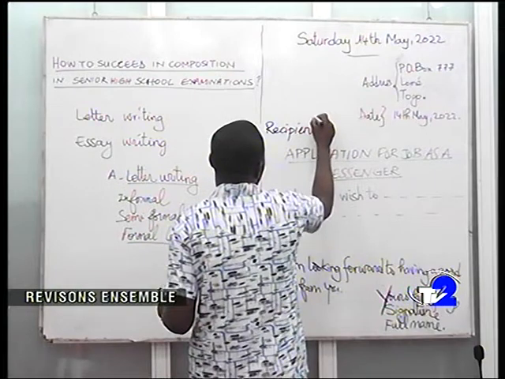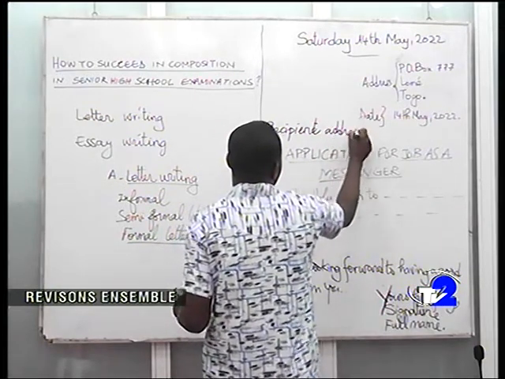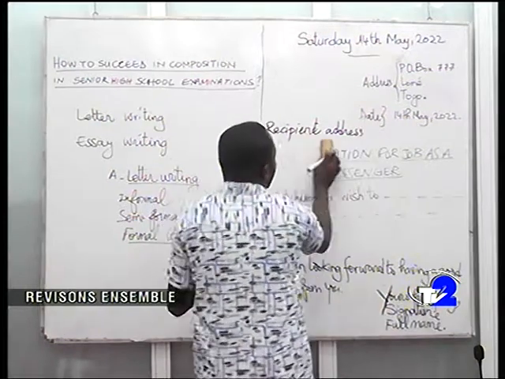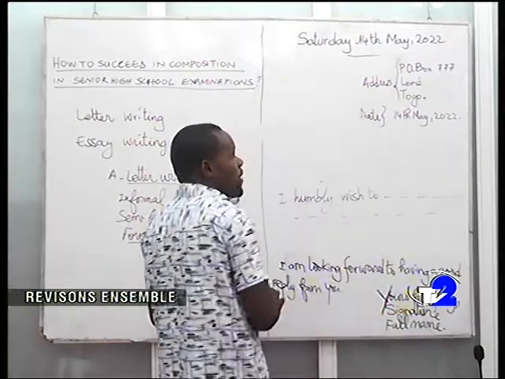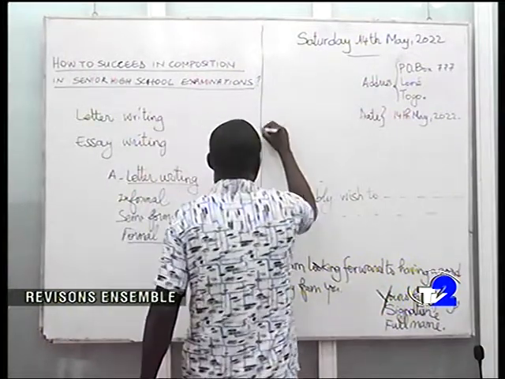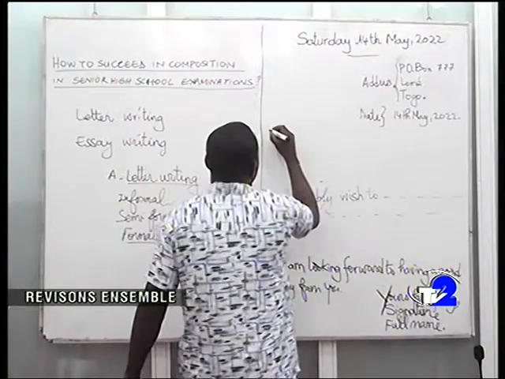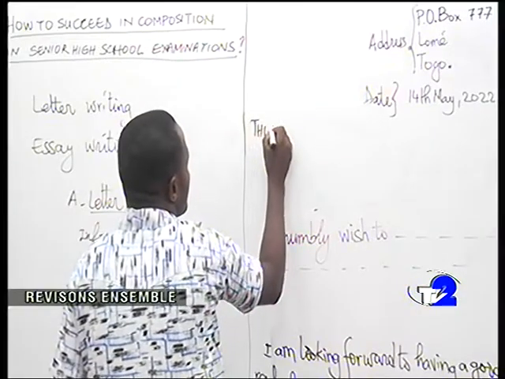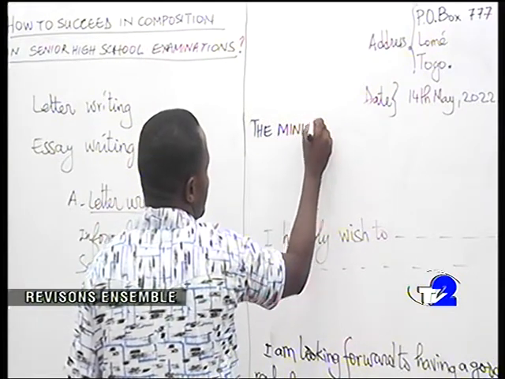It escaped my mind. Sorry for that. The recipient address is the address of the person to whom you are writing. So when you are writing to the Minister of Education, for instance, you have to write the minister. The minister.